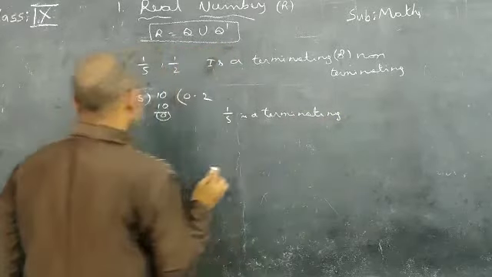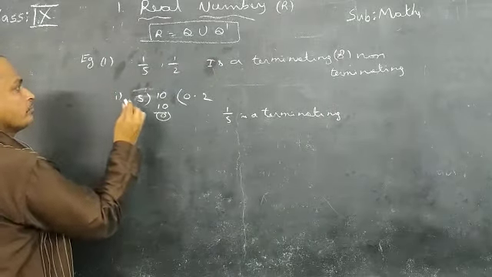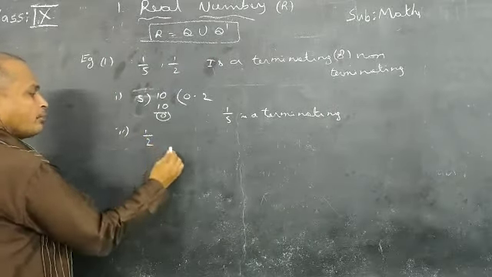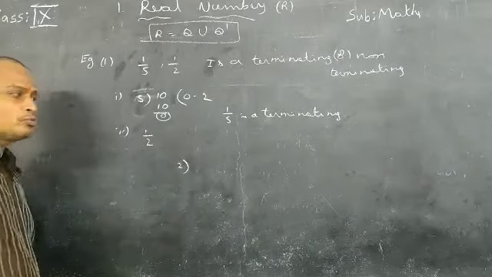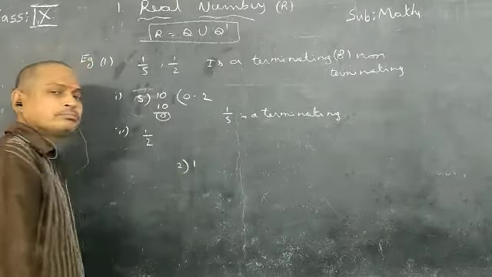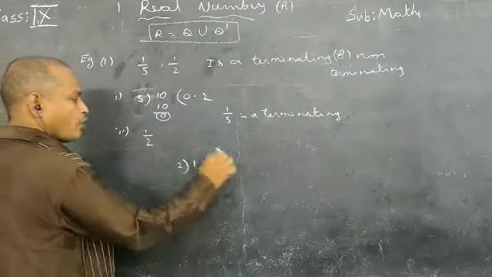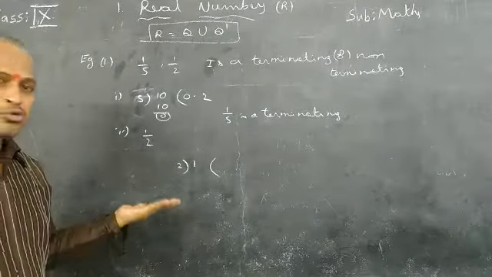Okay, terminating. So this is the first sum and this is the second sum, 1 by 2. Here the divisor is 2 and 1 is the dividend. 2 is a small number and 1 is a bigger value, so there is no cancellation.